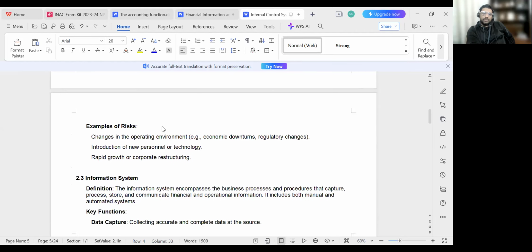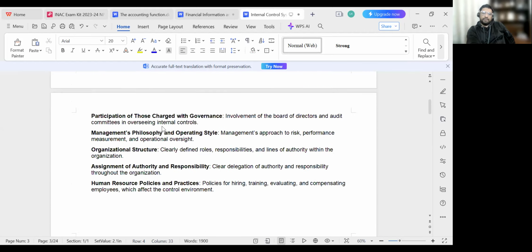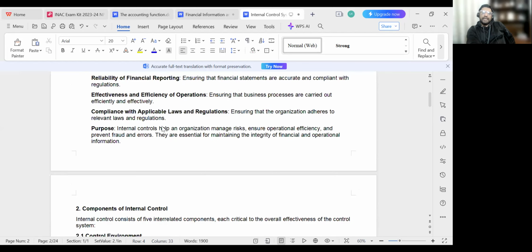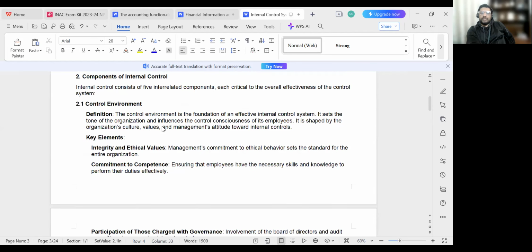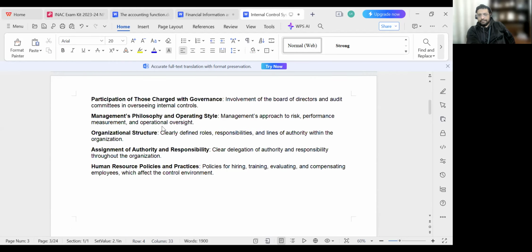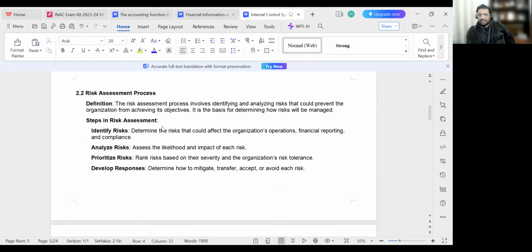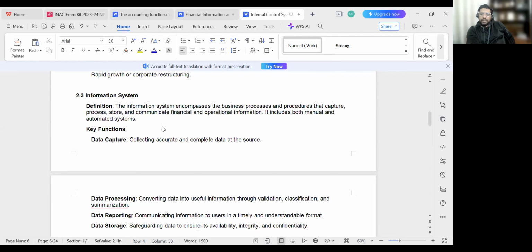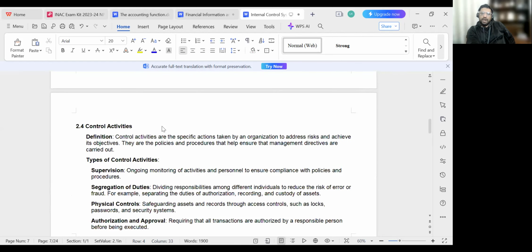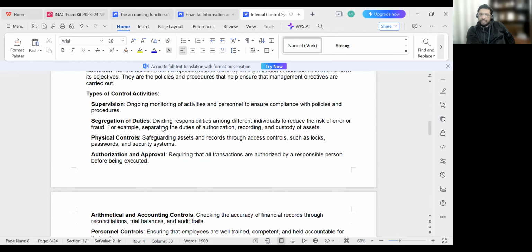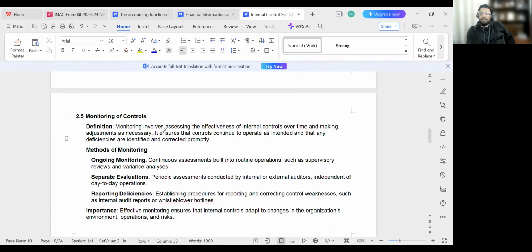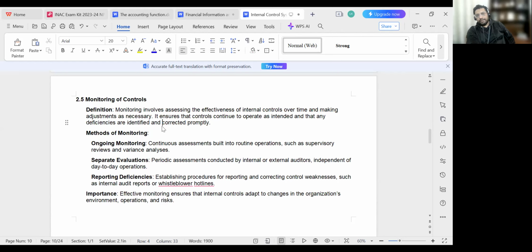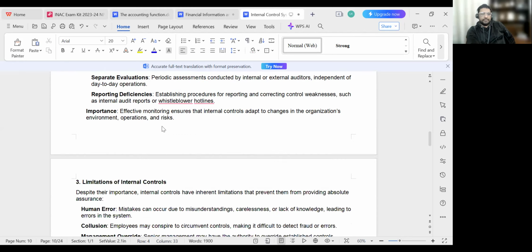Okay, so the components of the internal control system are control environment, risk assessment process, information system, control activities, and monitoring of those controls. Okay, you keep on checking your whole control system every now and then to ensure that it is working effectively, right?